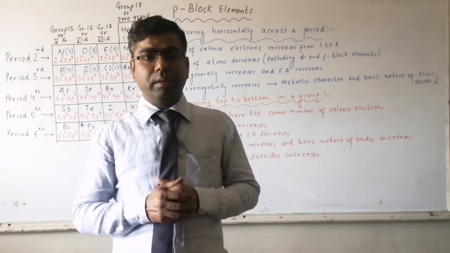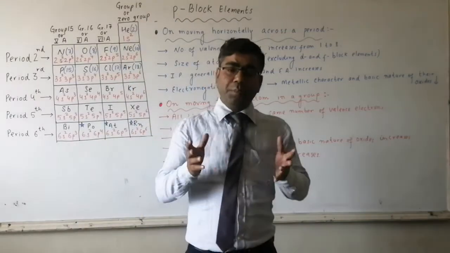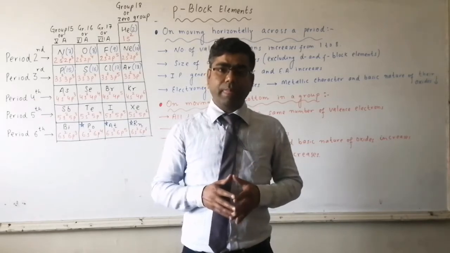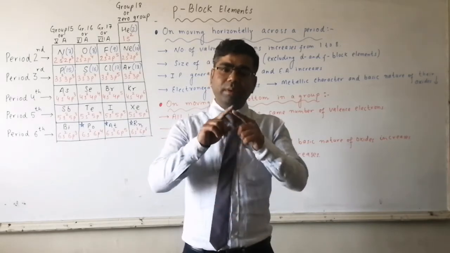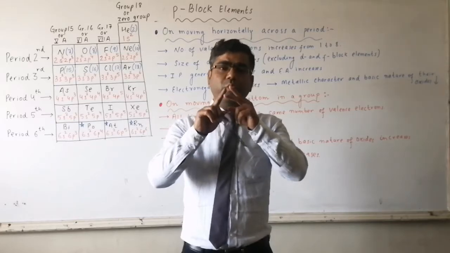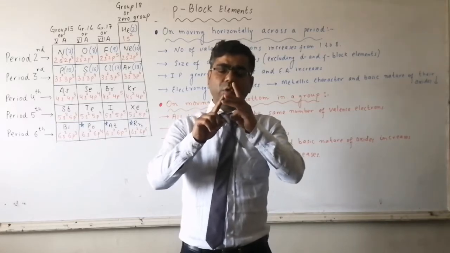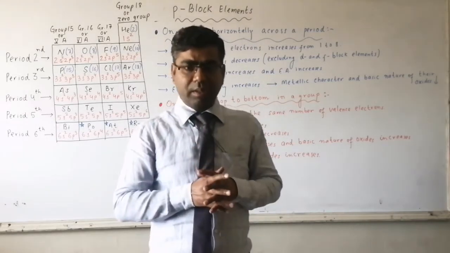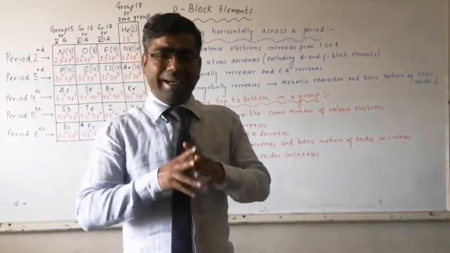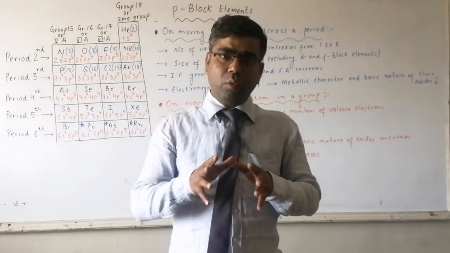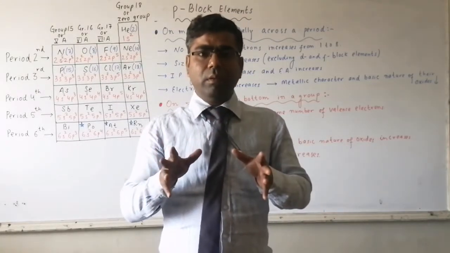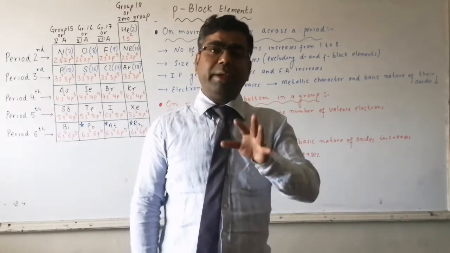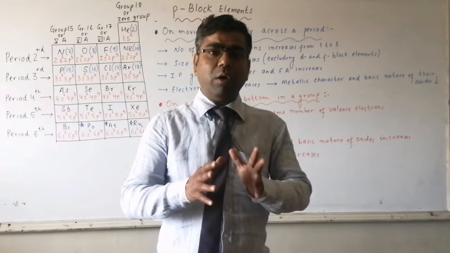Remember the groups for p block elements: group number 13, group number 14, group number 15, group number 16, group number 17 and group number 18. The elements of these groups belong to p block, because in all the last electron makes entry in p subshell or p orbital.